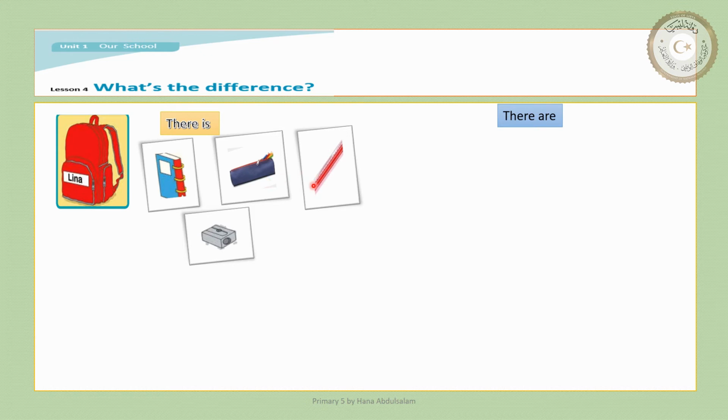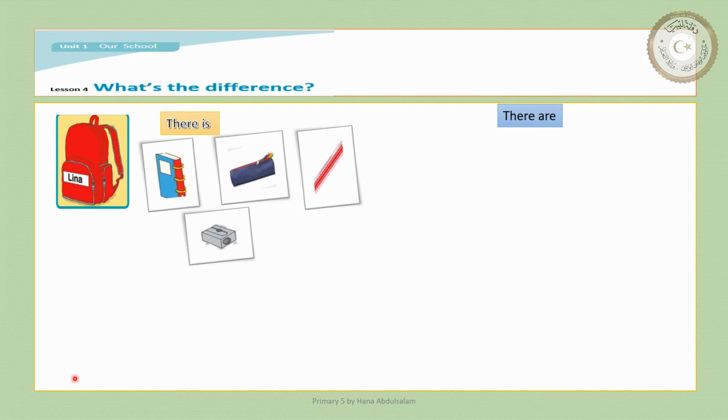What is it in Lena's bag? There is a ruler. Last one. What is it in Lena's bag? There is a pencil sharpener. So a notebook, a pencil case, a ruler, and a pencil sharpener.